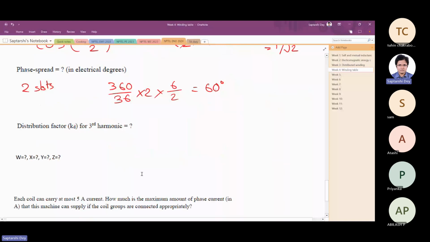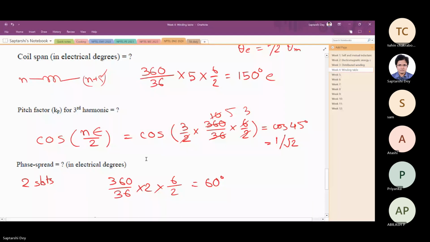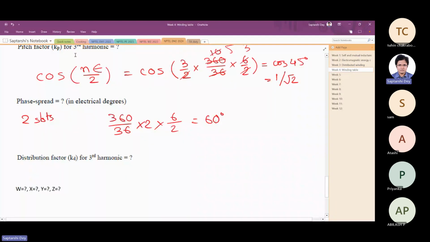Distribution factor for third harmonic. Let us quickly find out.